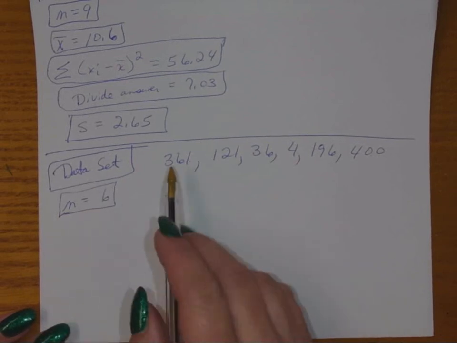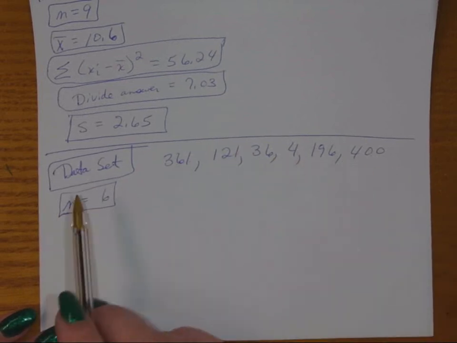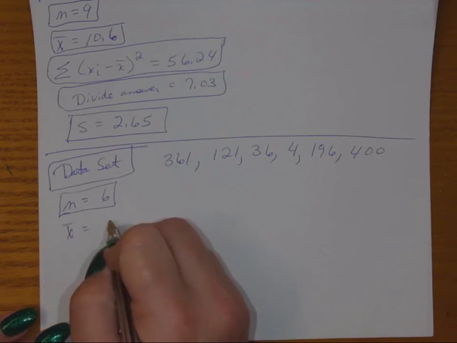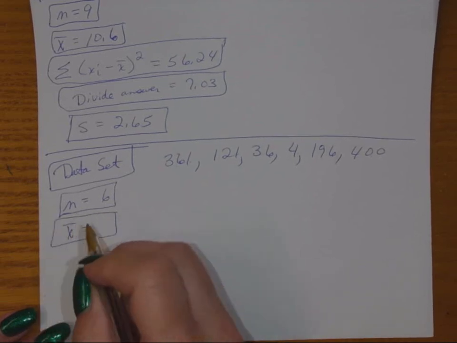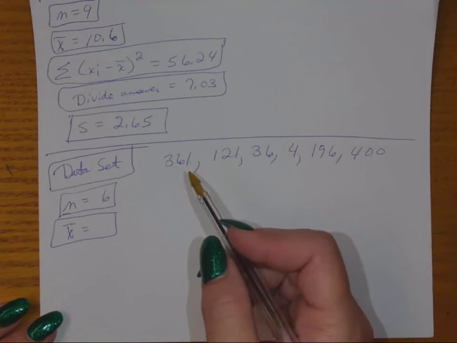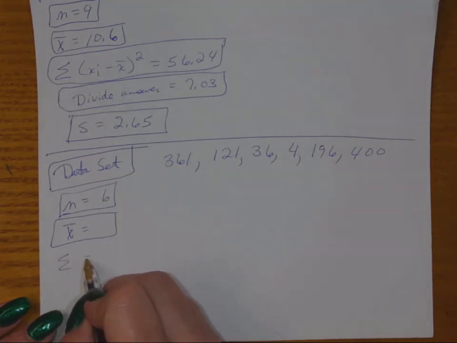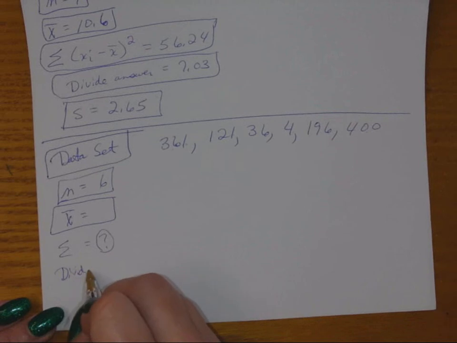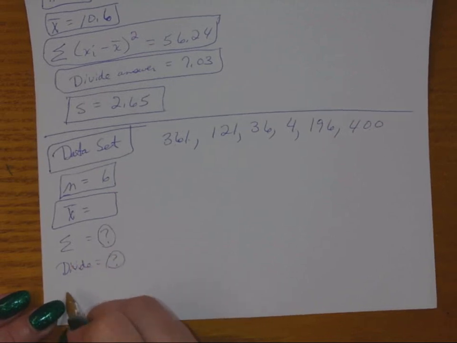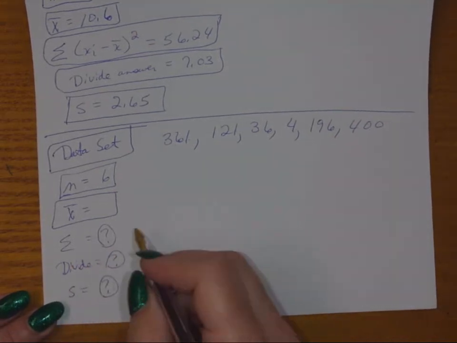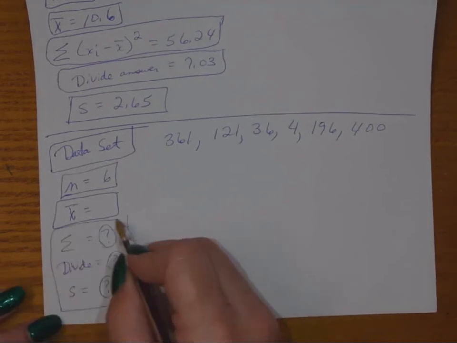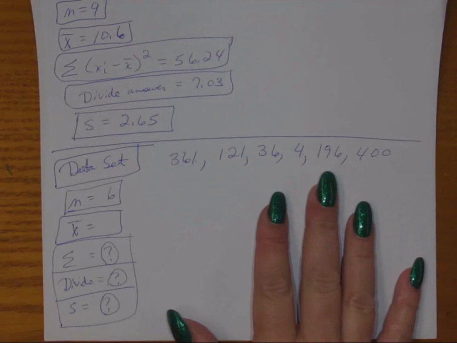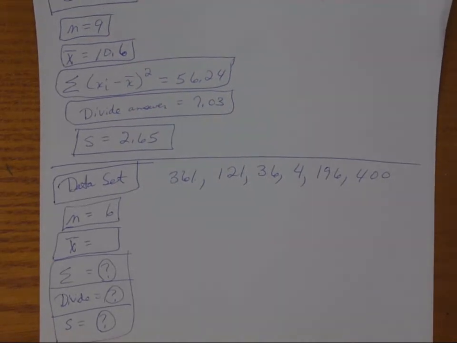But if you use these as your 6 data points, and you know that there's 6 of them, you can find your own x bar, and then find the rest: the sum, the division, and your s equals. You can do all of that for yourself. I'm sorry I didn't write them down.